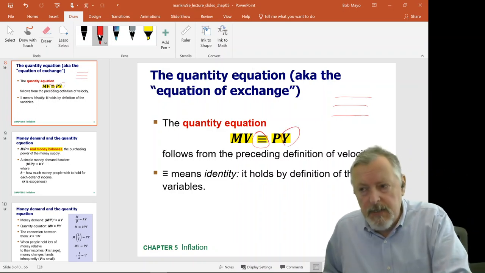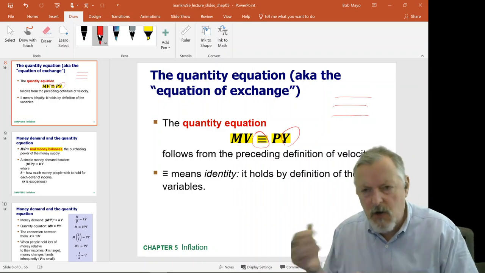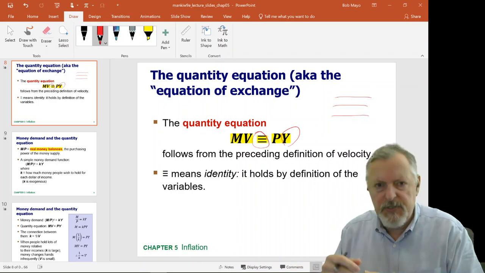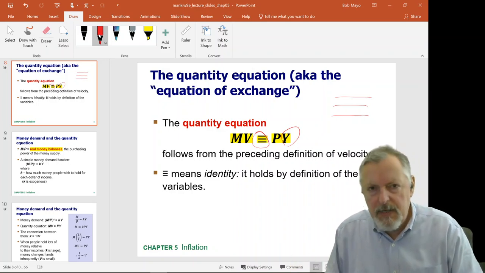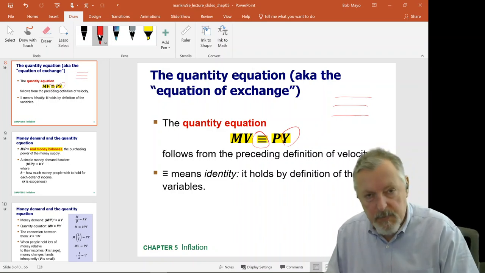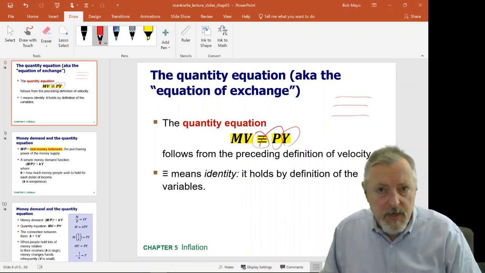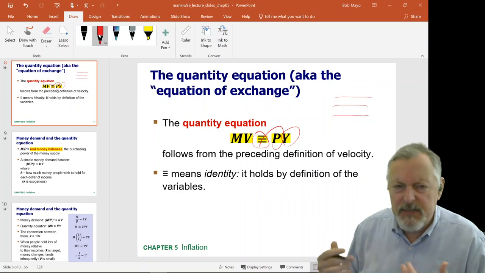Think of the economy as having not cars and boats and computers, but just generic output. Y would be how many units of this generic output the economy produces, and P would be the price of a generic unit of output. It's the price level in general.